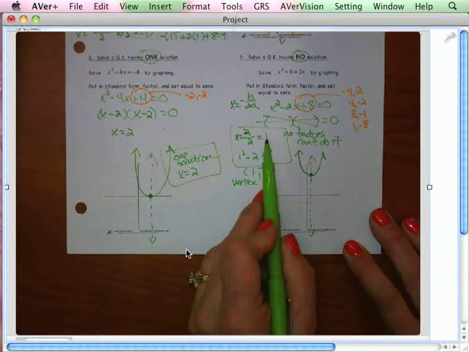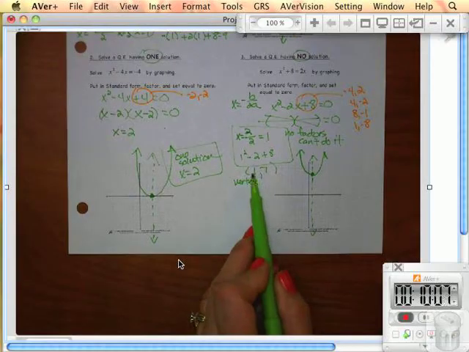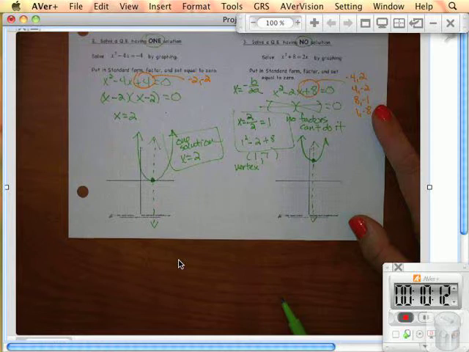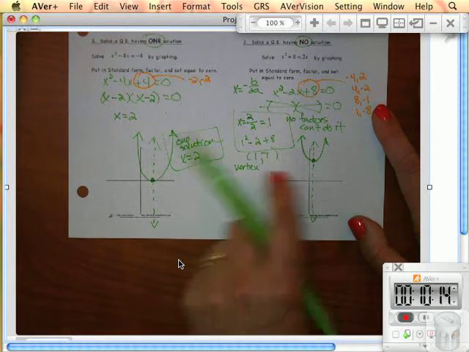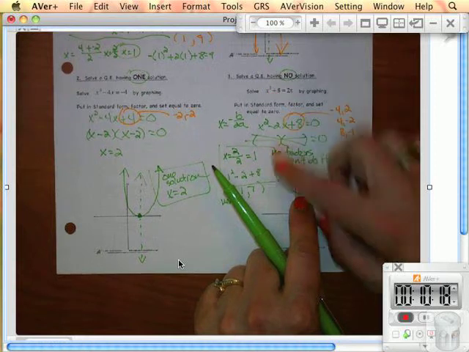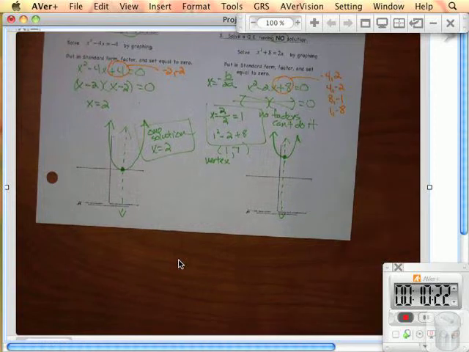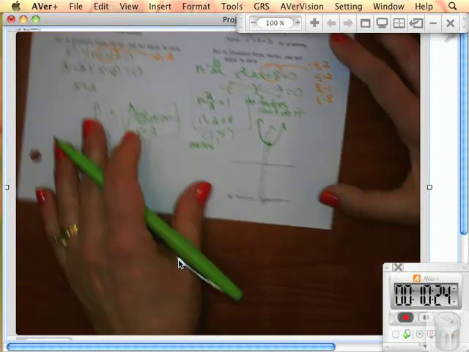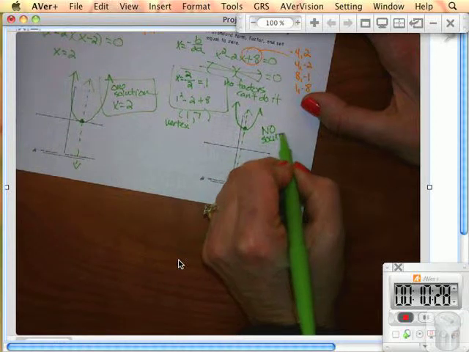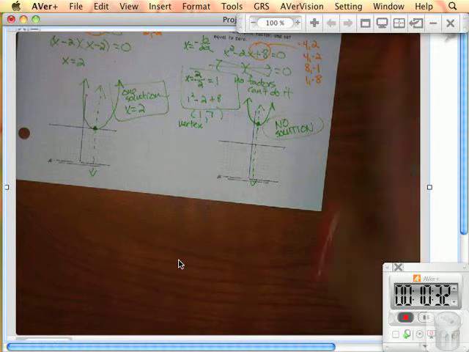If that's 1, that means the x-coordinate of my vertex is 1. I plugged 1 into my equation to find out what y is. And then that's my vertex. Since I know that a is positive, it's going to open up, which means this graph never hits the x-axis, so there's no solution. Actually, we should write that, you guys. No solution right here. That's what the question is. No solution.